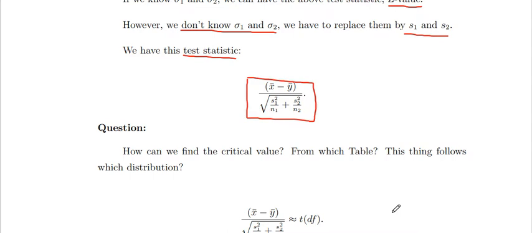If they follow the normal distribution, then Z table, right? If they follow the T distribution, T table. So the question is which distribution this test statistic follows.